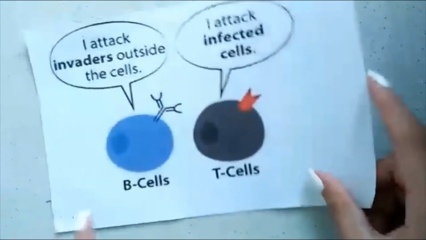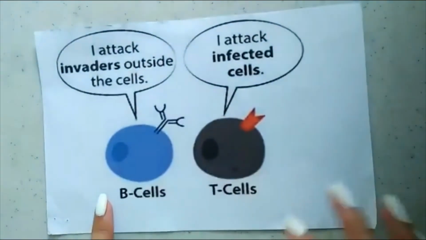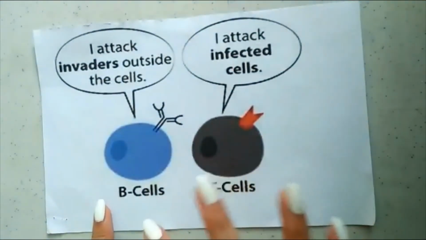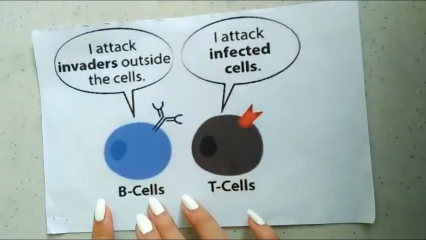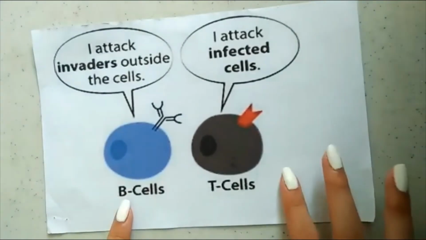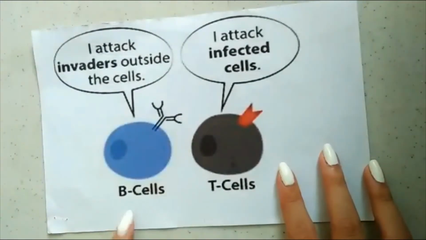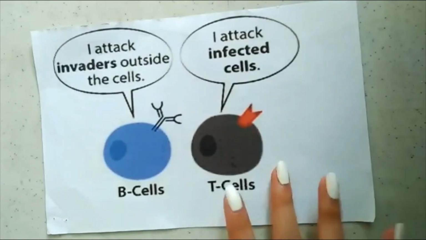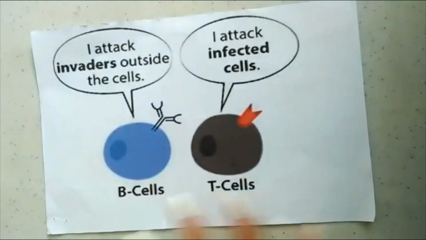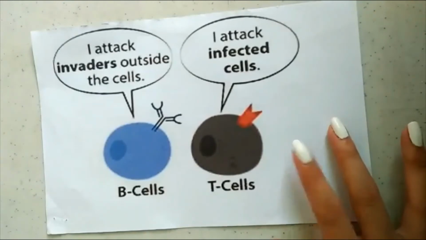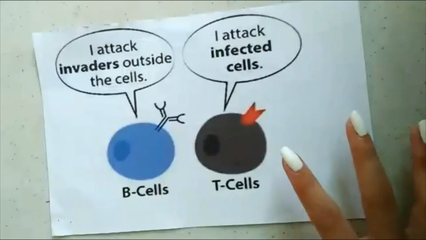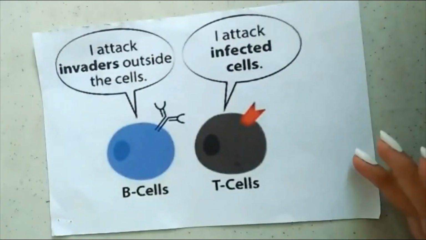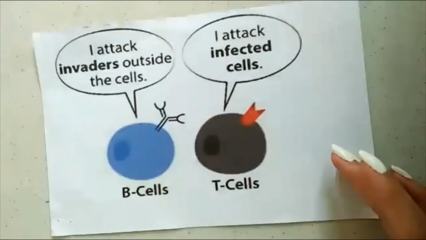So we have here the B cells and the T cells. So as we can see, the B cells attack invaders outside the cells, and the T cells attack infected cells. So the distinction between T cells and B cells is that T cells can only recognize viral antigens outside infected cells, while B cells can recognize bacterial and viral antigens on the surfaces.